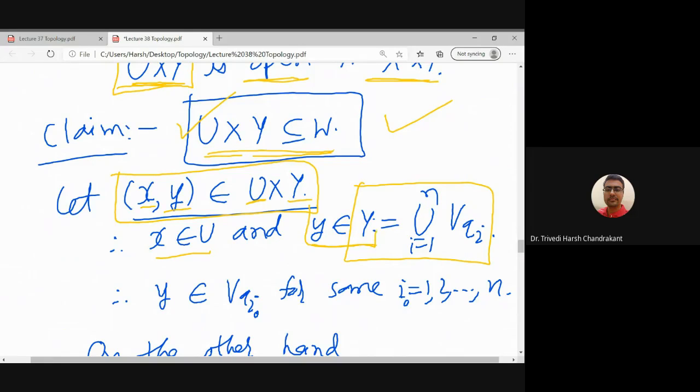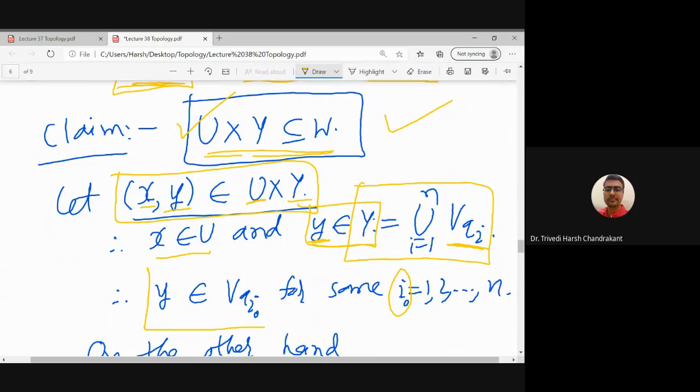And small y is an element of capital Y. So therefore y belongs to some of the VQi's. That particular Qi I will denote by i naught. So therefore y belongs to VQ_i0, where i naught belongs to 1, 2 up to n.